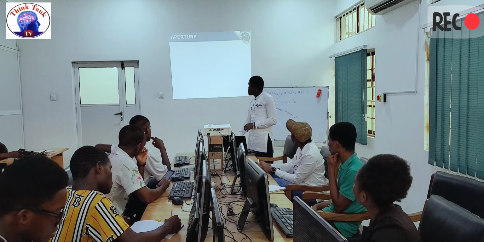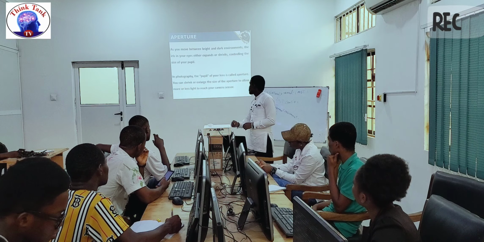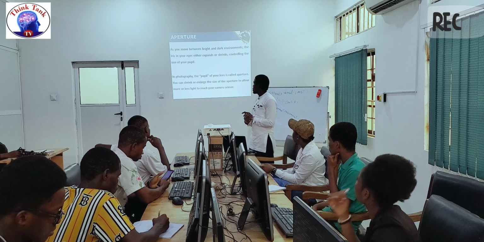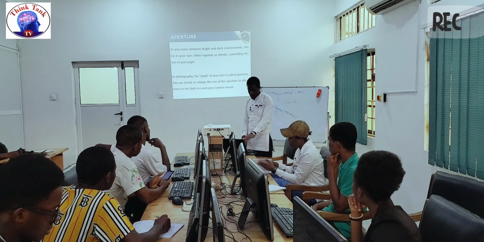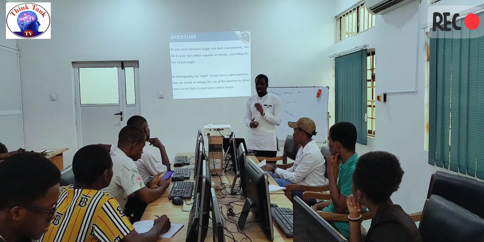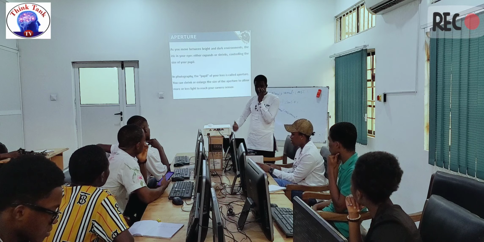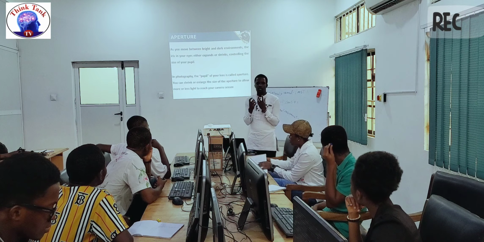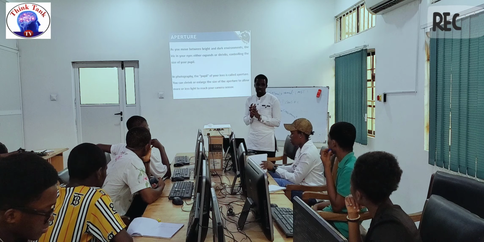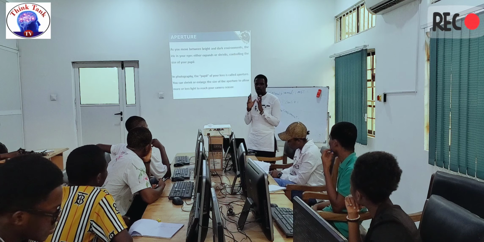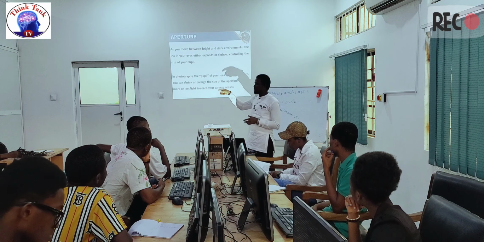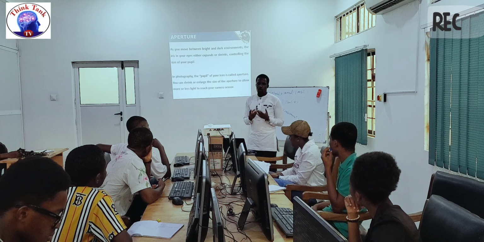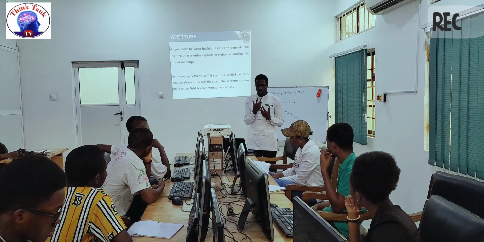Hope I'm not skipping your note though. As you move between bright and dark environments, and so on. I am using a real life scenario. If you're in a very dim environment, a place that is very dark, just turn off the light here and let there be light in the other room. When you're here, observe what happens to the pupils in your eyes.